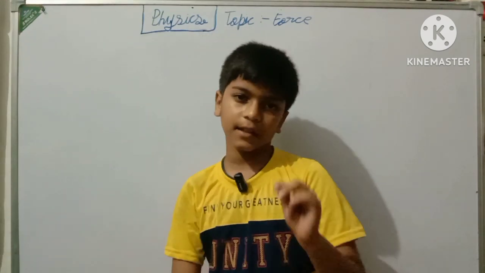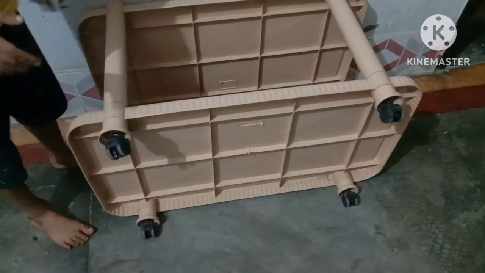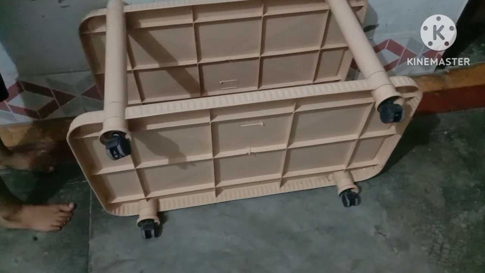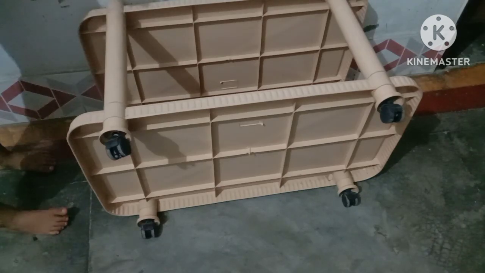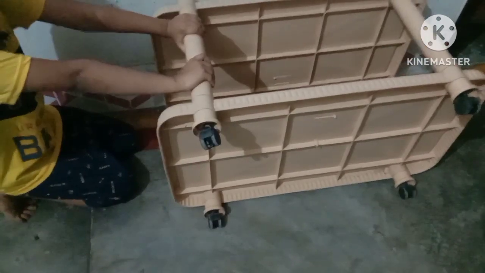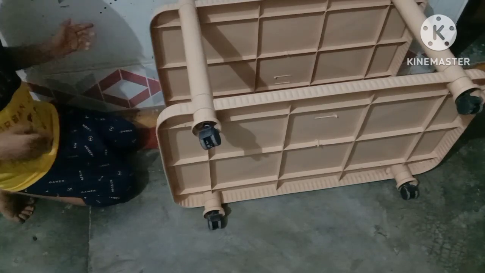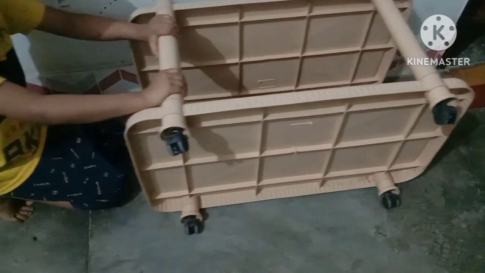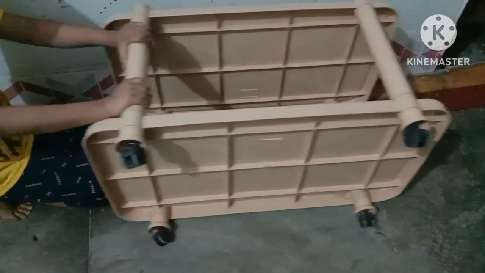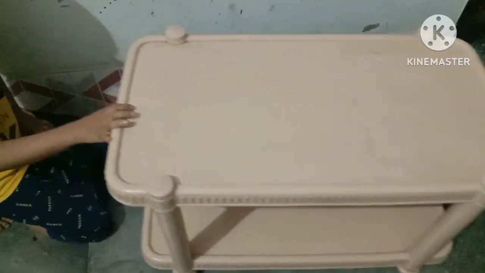But here's an example. Look, it's a static friction. Now I got the table upside down. See, sliding friction is more than the, you can say, here is the static friction. So static friction is that much. I showed you the rolling friction, and now let's check out the sliding friction. The sliding friction is like this. It requires force, but if we check the rolling friction, it requires a very tiny amount of force to move an object.